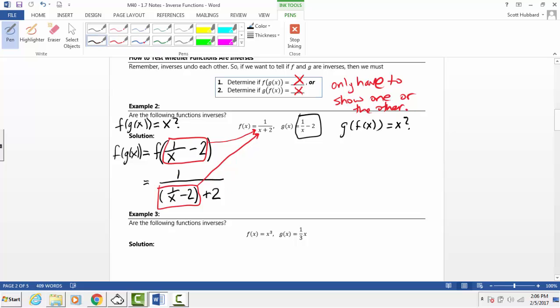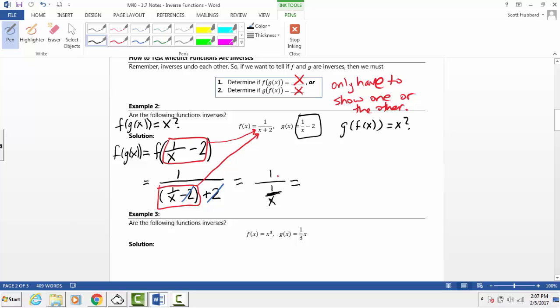Okay? Now hopefully you can see what cancels out really quickly is the negative 2 and the plus 2. And so now we're over to this, 1 over x. Okay? And remember how this works.